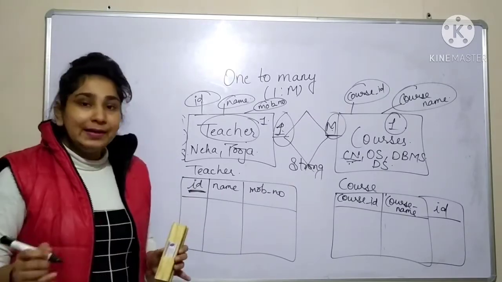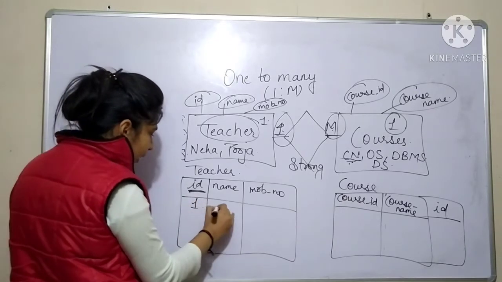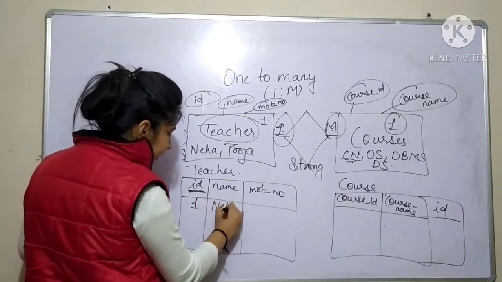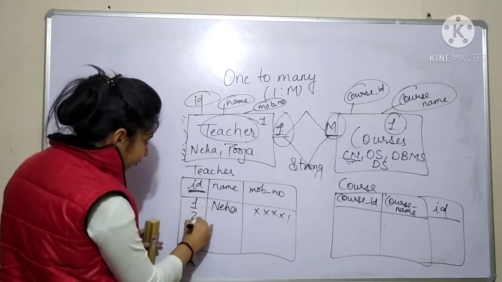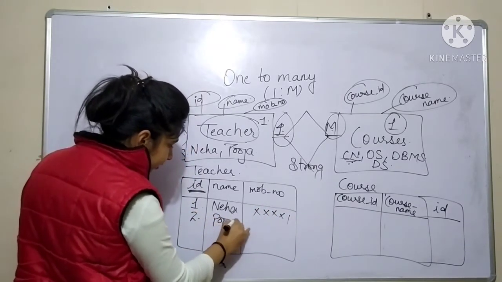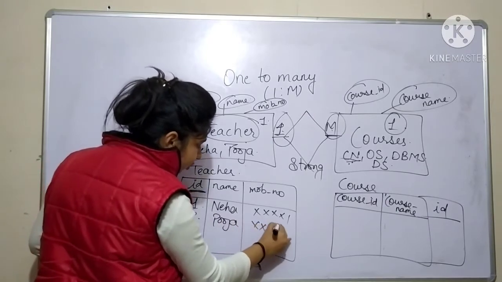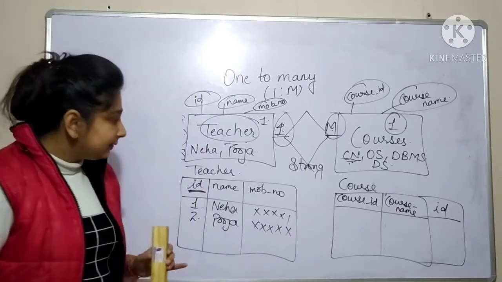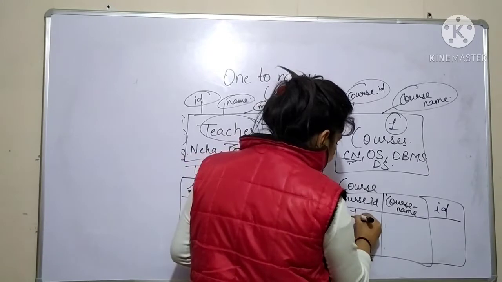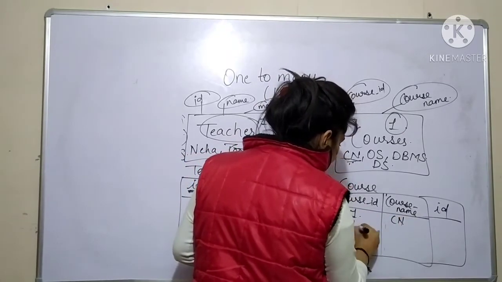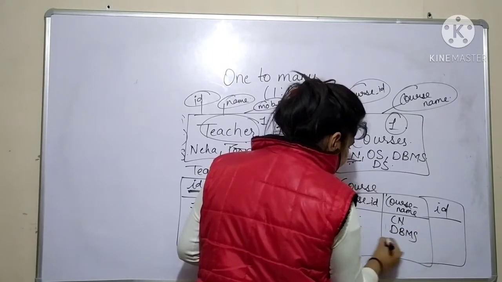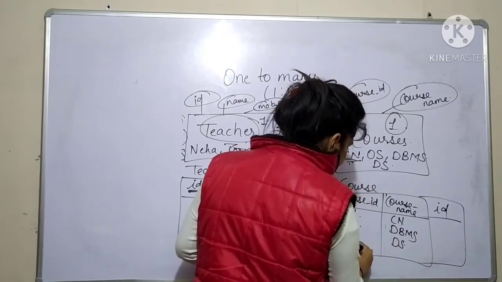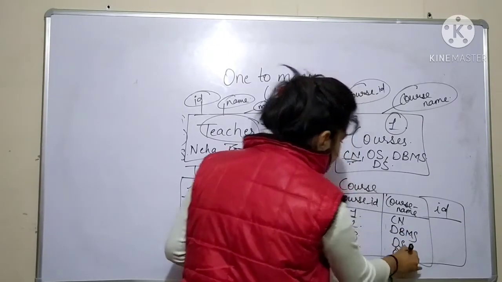Now let's suppose we have ID 1 named Neha. Neha has some mobile number. We have Pooja, who also has some mobile number. Now we have the courses: computer networking, DBMS, data structure, and operating system.